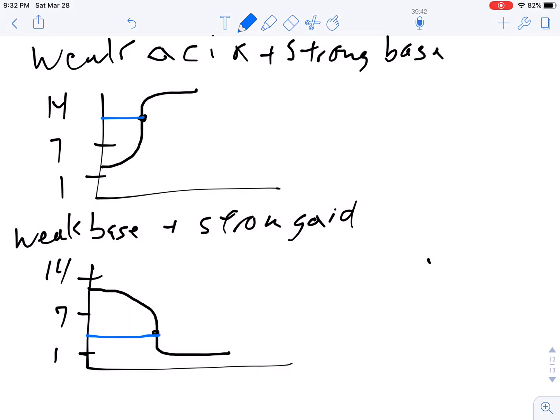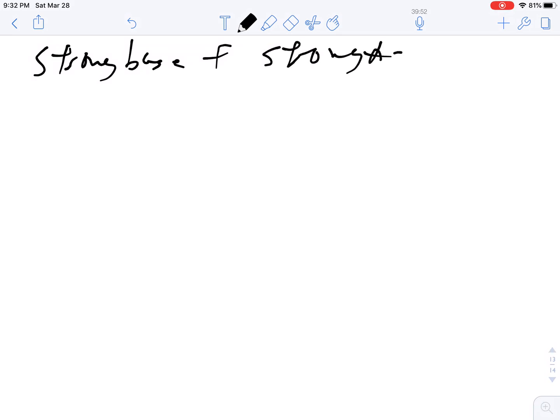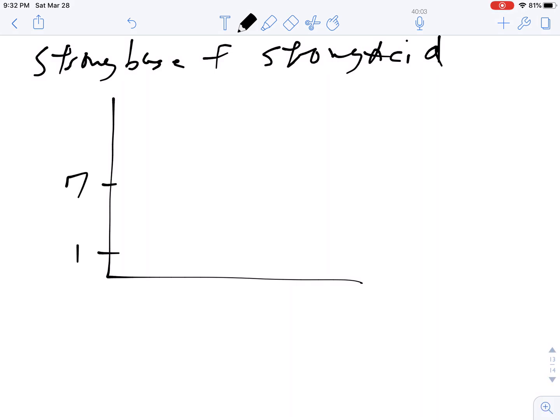And then last but not least, what would happen if you titrated a strong base plus a strong acid? If you titrate a strong base and a strong acid, then what would happen at the equivalence point?